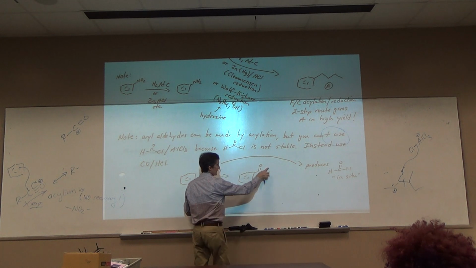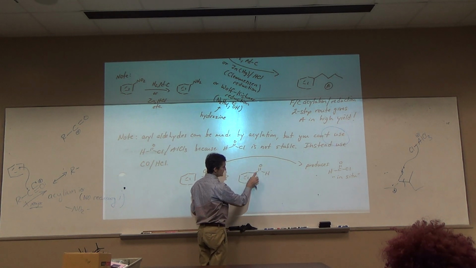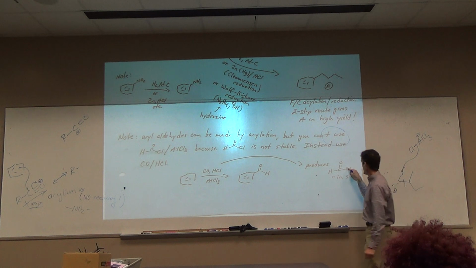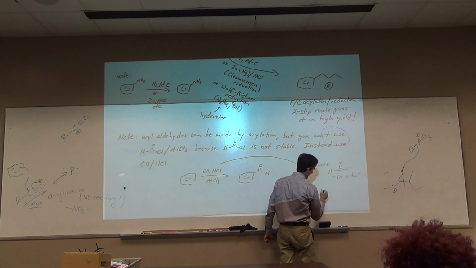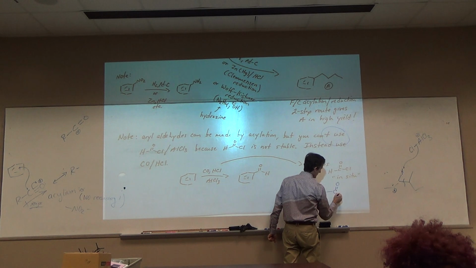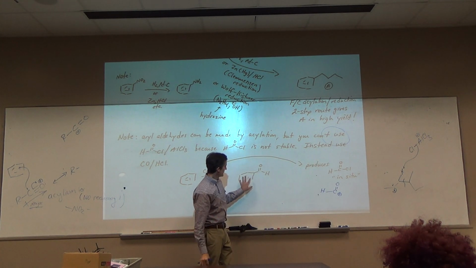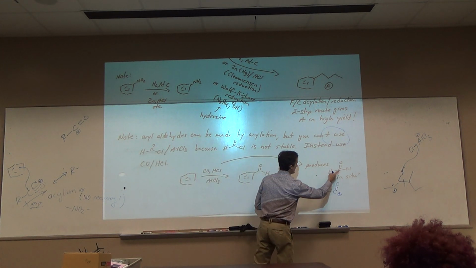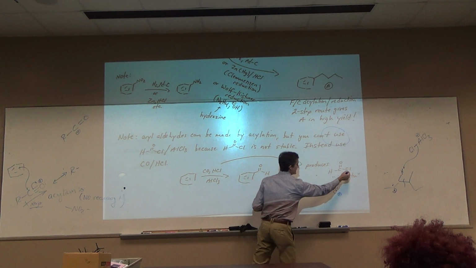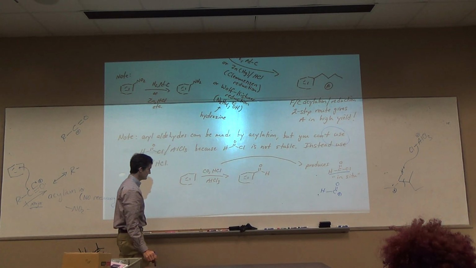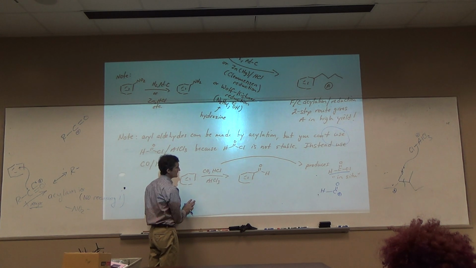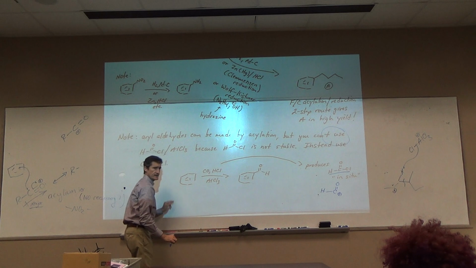Now, some of you will try to use this chemistry to make an aldehyde by maybe trying to use this. Let's see, if I complex with the aluminum, this ionizes, I'll get this acylium ion, and then the ring can attack that acylium ion. Again, the problem is this is not stable, so you can't use it. But you can produce that in situ by reacting carbon monoxide and HCl.